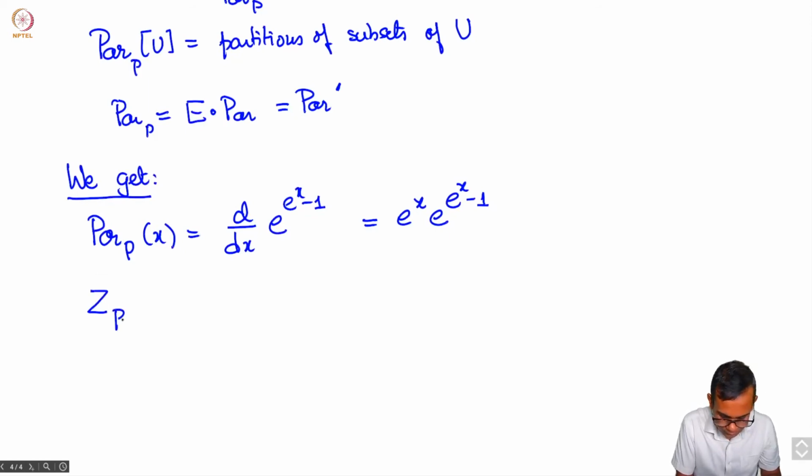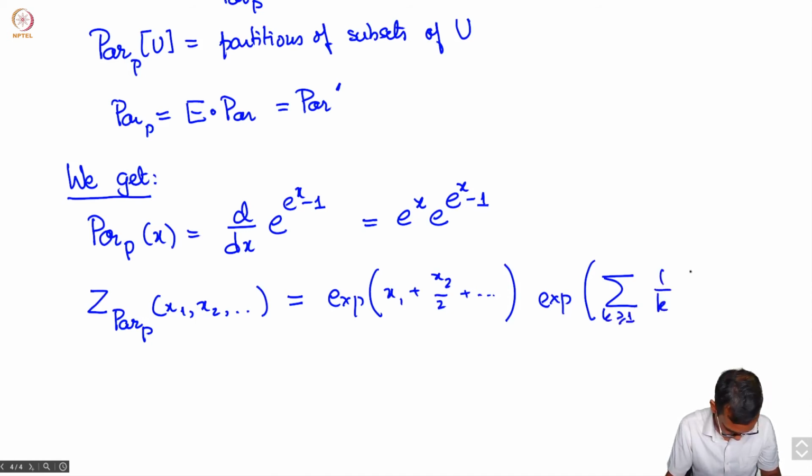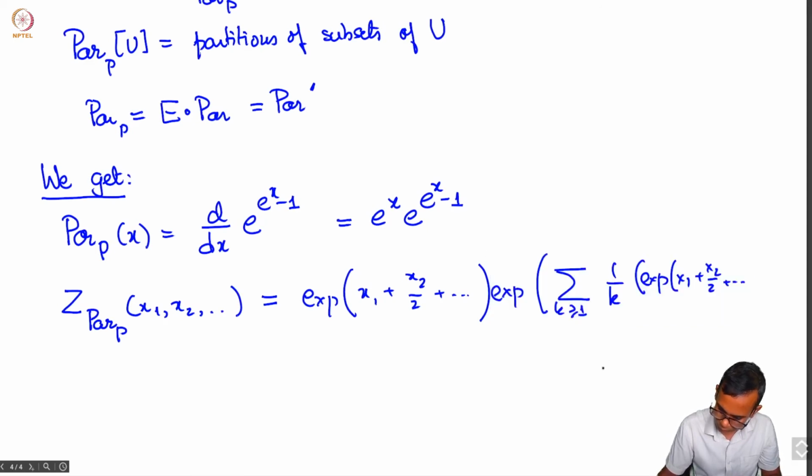If you ask about the cycle generating series, well, it's going to be exp of x1 plus x2 over 2 plus exp of summation k greater than or equal to 1 over k, x1 plus x2 over 2 plus, oops, I'm running out of space here, minus 1, I guess.